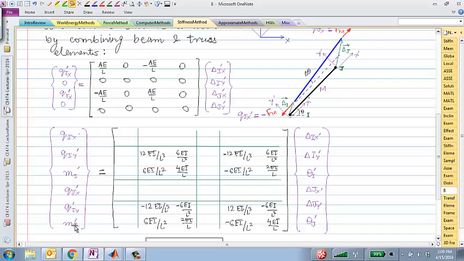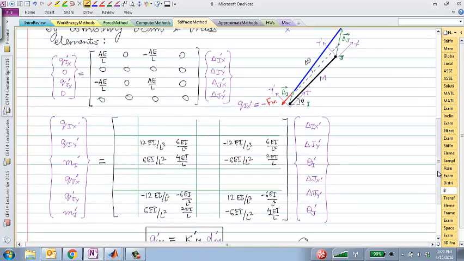Because if you remember, for the beam elements, it was 4 cross 4. There was no axial component anywhere. For frame problems, all we need to do is add the axial component Q i x prime from the truss relationship. So we'll go ahead and do that.